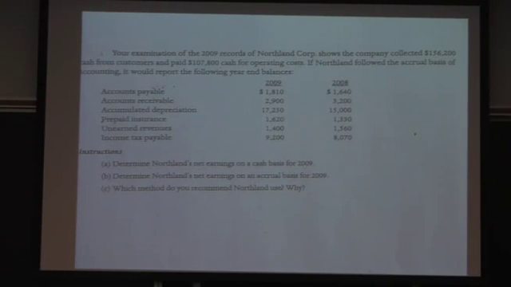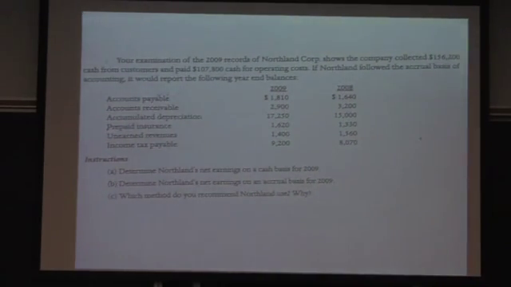And of course, Part C says, what method would you recommend? Now, in looking at this question, it's a very difficult question because all we're given is the cash received and the cash paid. And what we're trying to do is convert it to accrual basis of accounting. So let's first answer Part A.